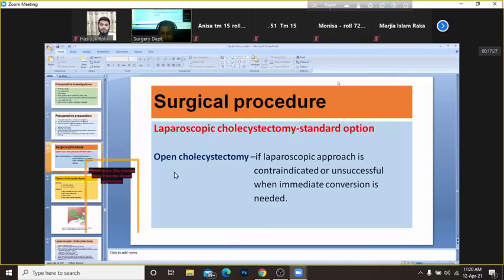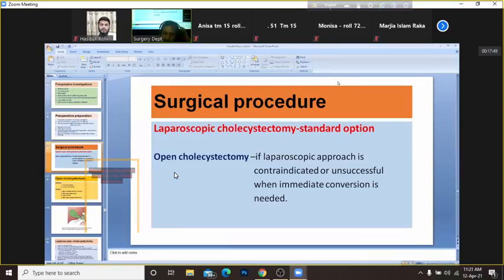In our country, it started from 1992, and now at present it has become a standard procedure for gallstone disease all over the world, unless it is contraindicated for some other reason.